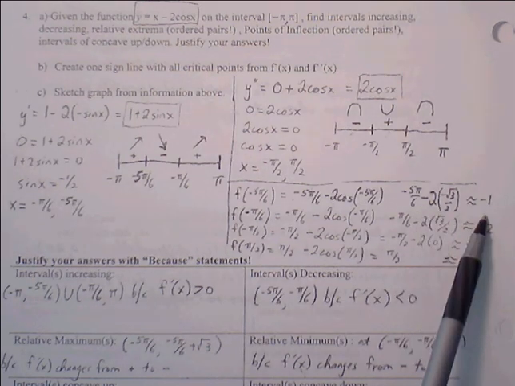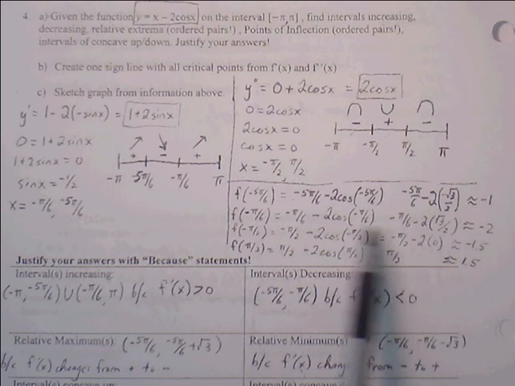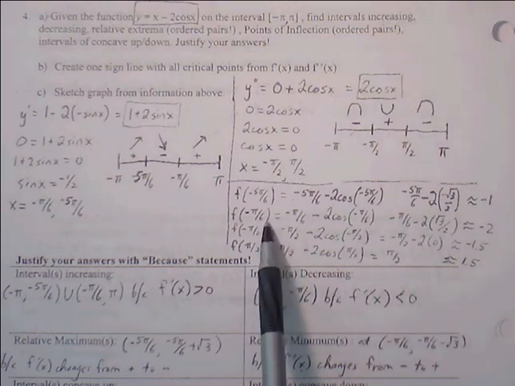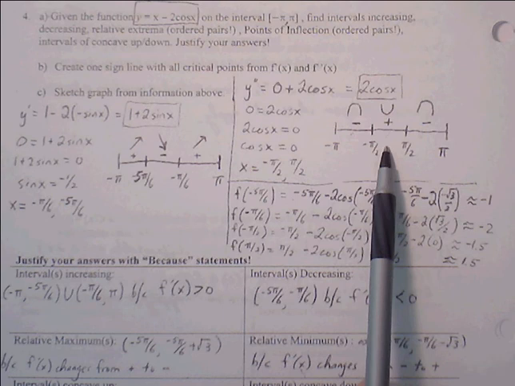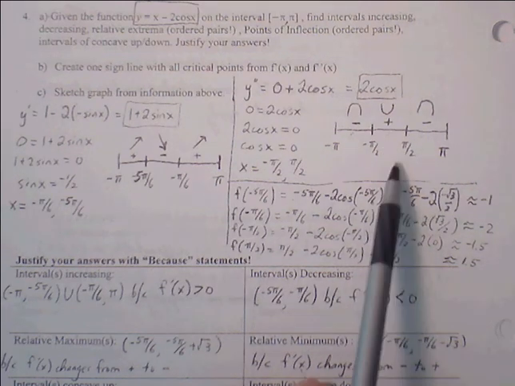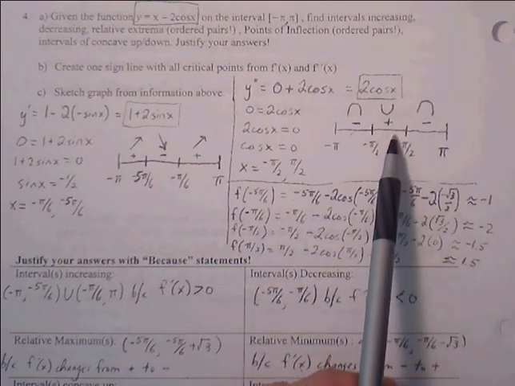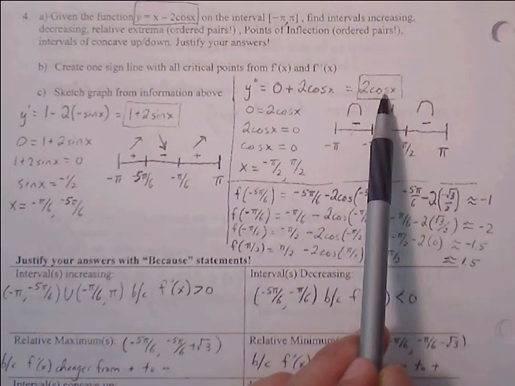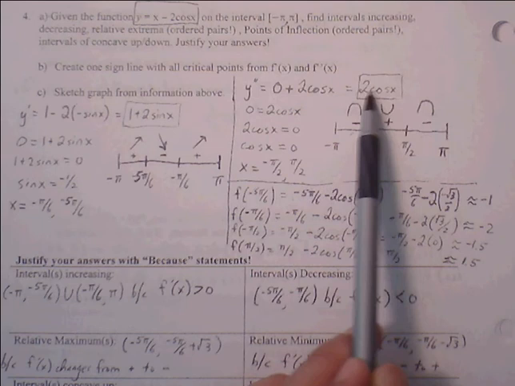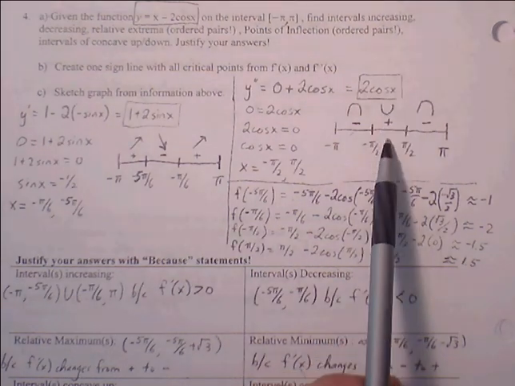We know that's going to be a negative value, roughly about negative 1. We can test the values here. Let's say we plug in 0. If I plug in 0 for cosine of x, I'll get 2 times cosine of 0, which is 2 times 1, which is positive.